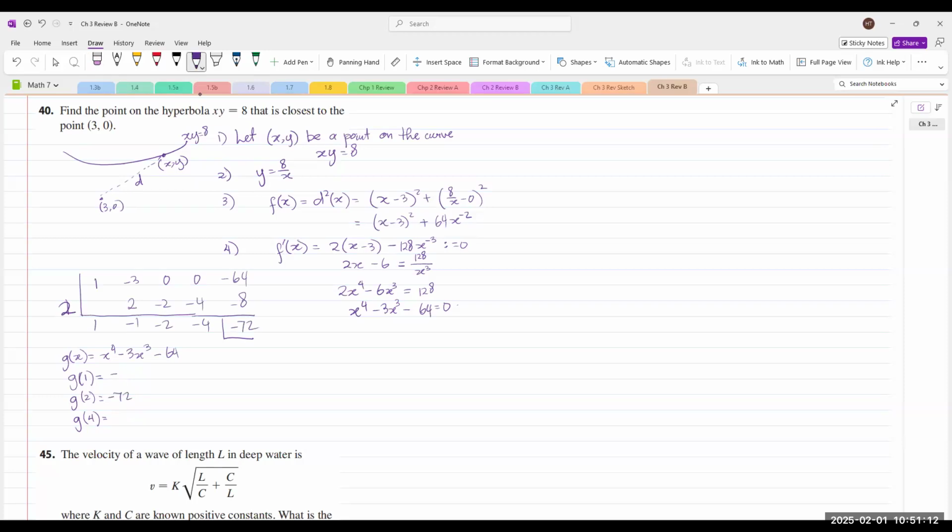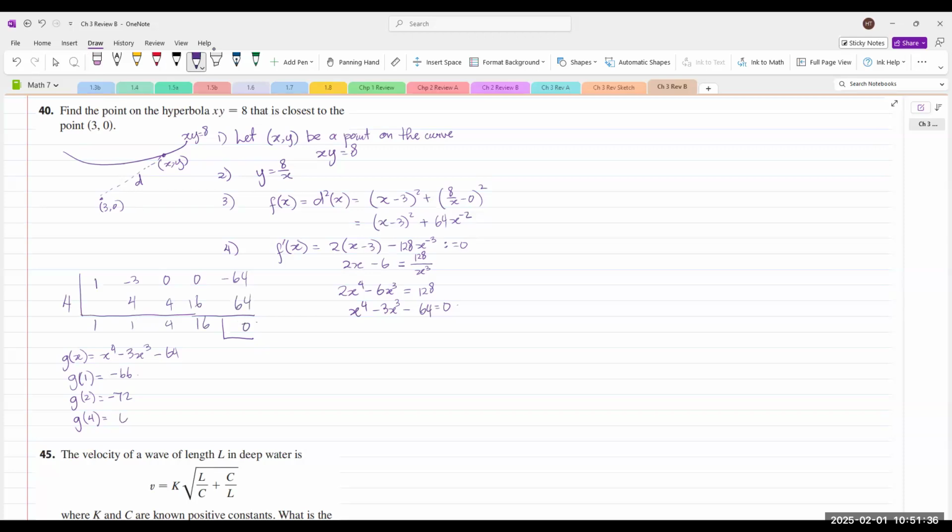This is -66. How about when x equals 4? What I'm doing here, I use the remainder theorem method from pre-calculus. Yeah, this is the one, huh?